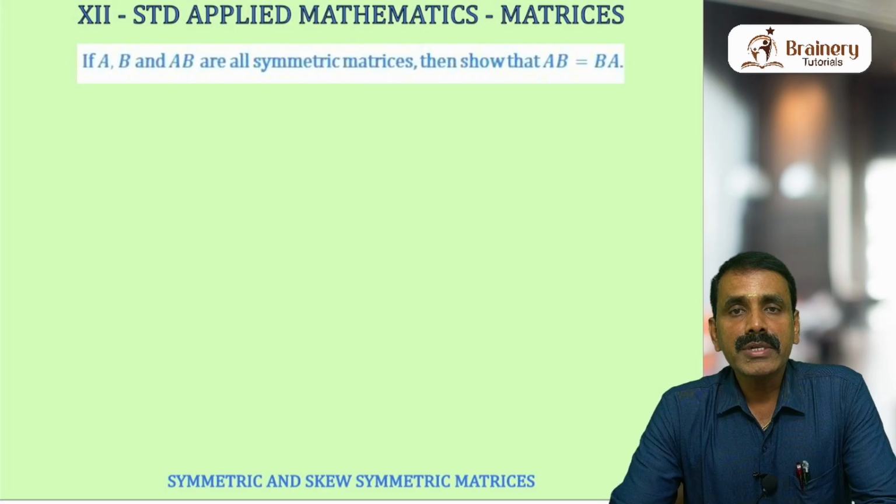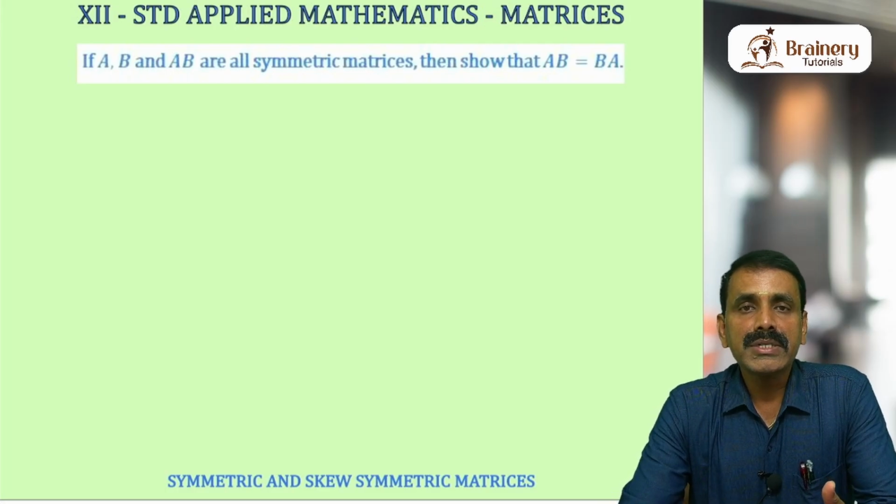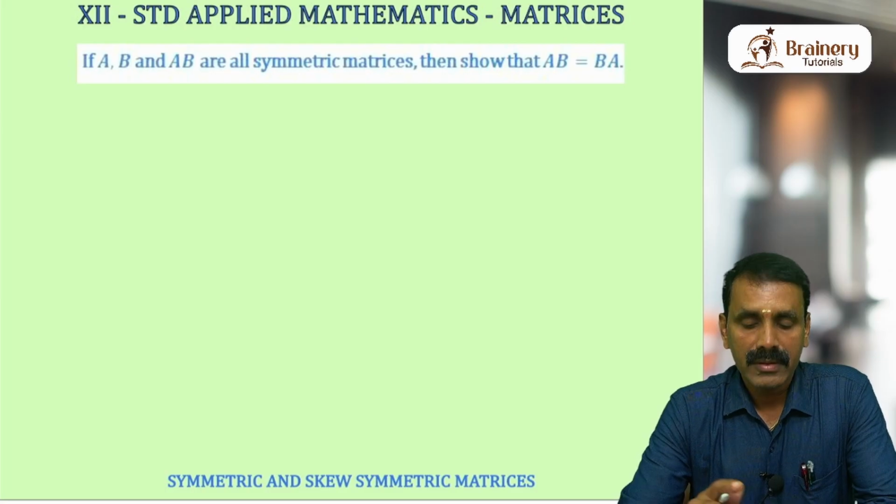In the previous question, A and B were symmetric and AB equal to BA, and we proved AB is a symmetric matrix. Here A is symmetric, B is symmetric, AB is also symmetric. Using these three facts, we must prove that AB is equal to BA.